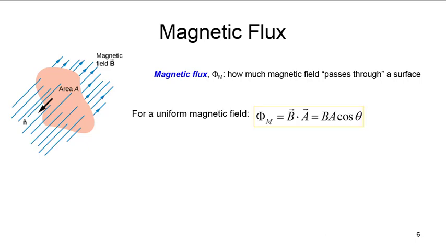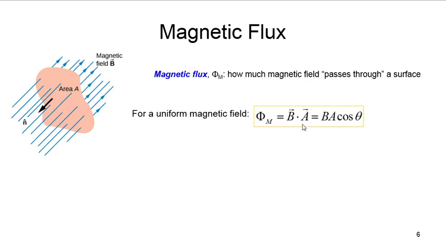So here's our equation that lets us calculate magnetic flux for a uniform magnetic field. Uniform means that the magnetic field has the same strength everywhere on our surface. We're going to take the dot product of the magnetic field with the area vector. And remember, we introduced the area vector back when we were looking at Gauss's law and electric flux.